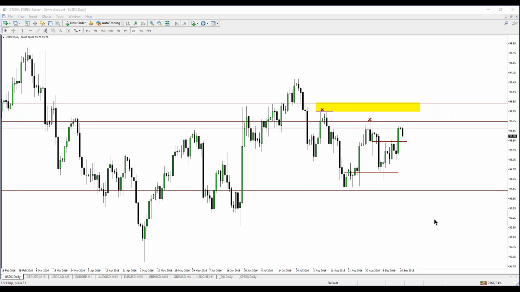So we have the market giving us an indication it wants to move higher. We have two areas at which the market is now priced in bullish market structure. So we have a low over here. Let's look at it like this.